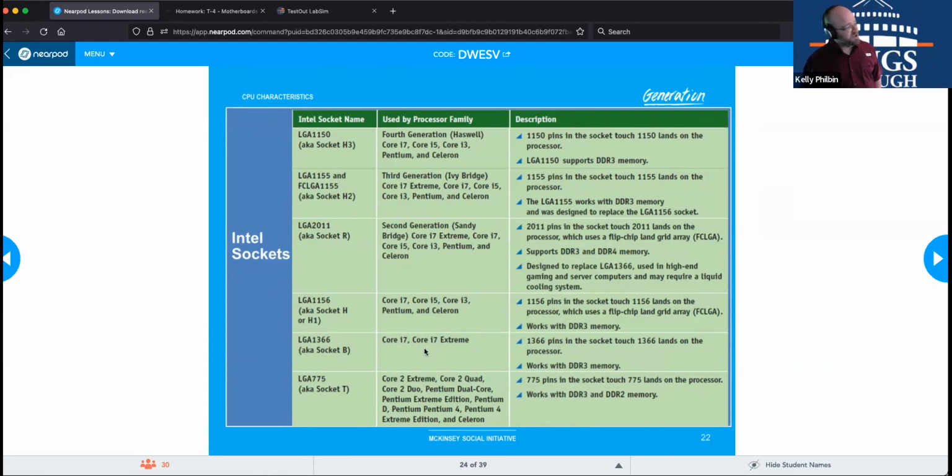You'll notice all of the sockets for Intel say LGA, land grid array. That's why we keep asking you, what is an LGA? What is a PGA? Who makes them? All of your LGA sockets are Intel.